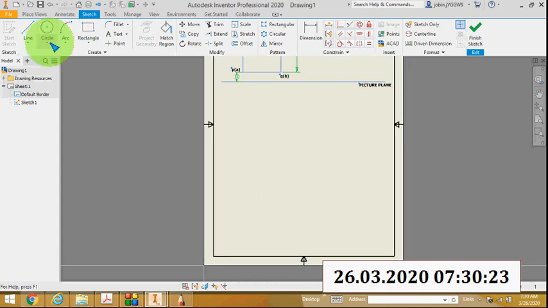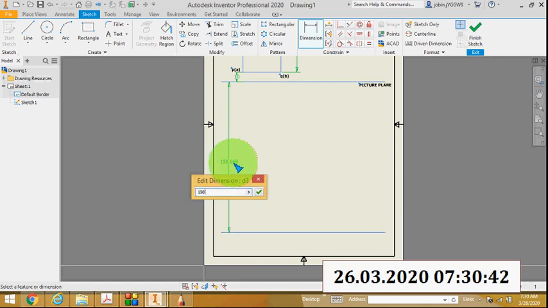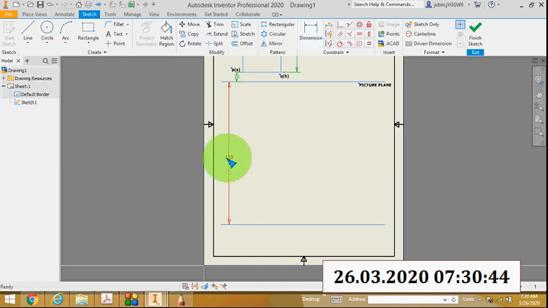This distance from the picture plane, first draw a line. This distance is greater than 130. That means you can take this as 150. No problem, this value is greater than 130.